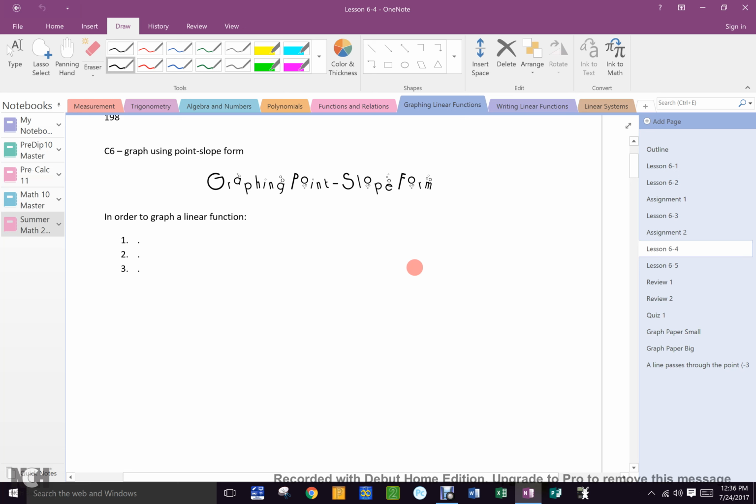All right. Here we go. In order to graph a linear function, we have figured out 3 ways, yes? The first way you were taught to graph a linear function in the 9th grade was how? How did we graph a line in the 9th grade? Coordinates, and we put those coordinates onto a table of values.